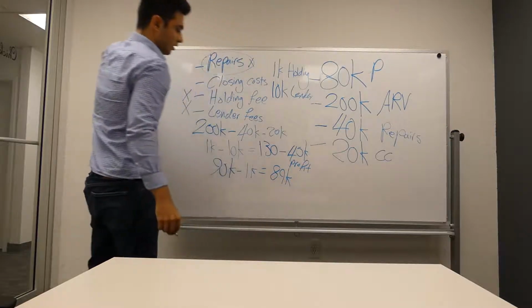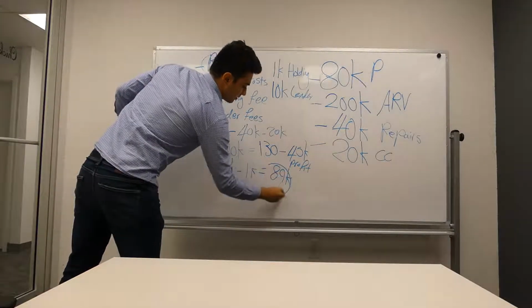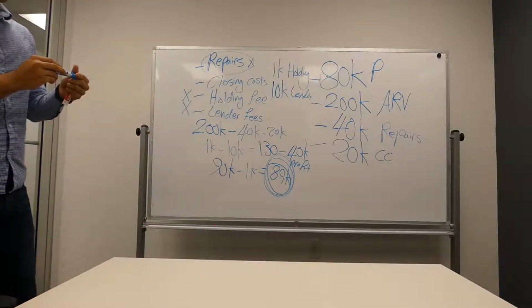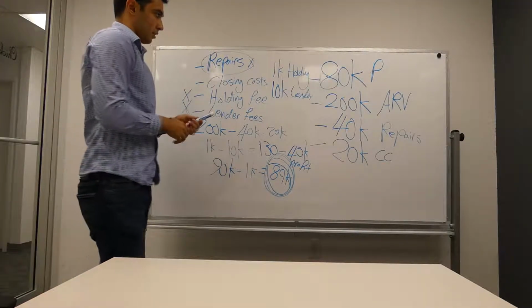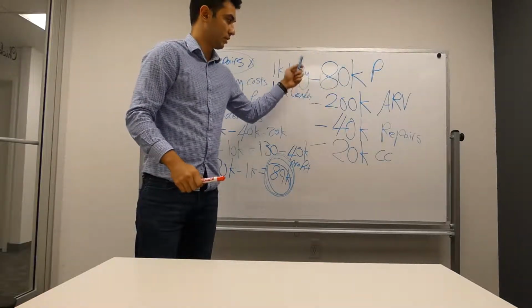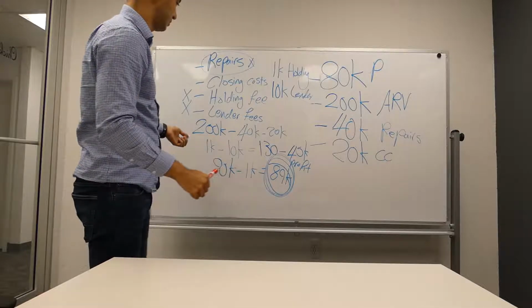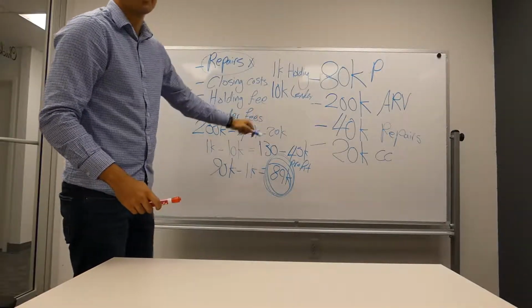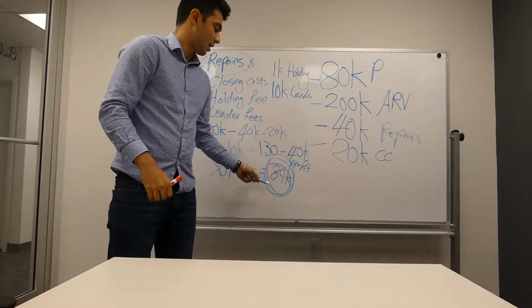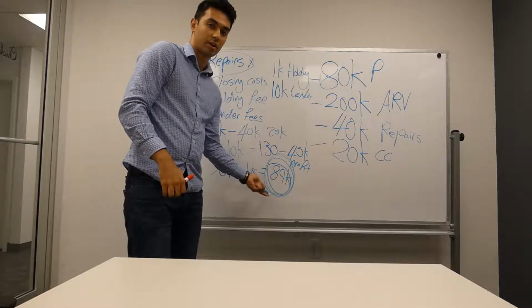Right? So this is a very important number. Why? Because I know that if my ARV is at this number and I have all this cost added together minus my profit, my maximum offer allowed is $89,000.